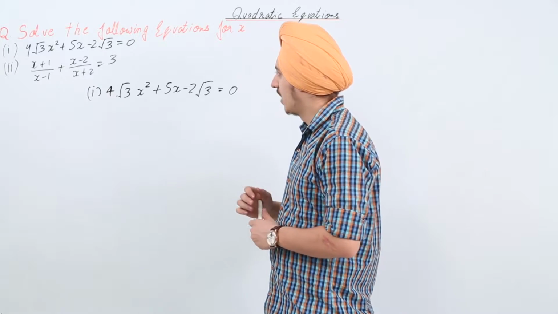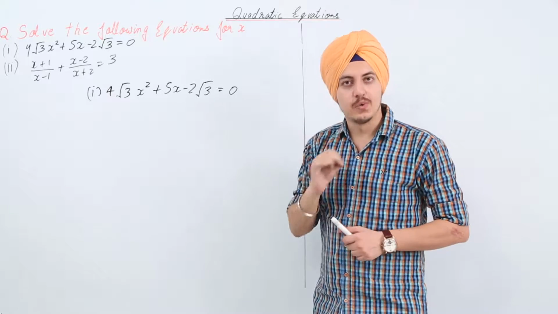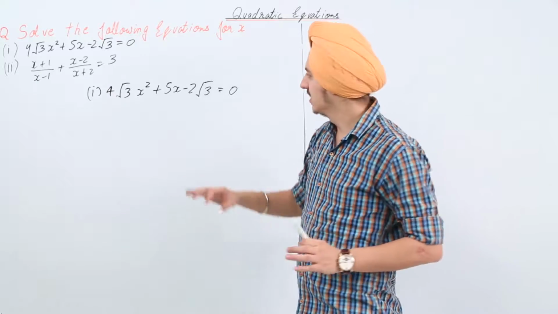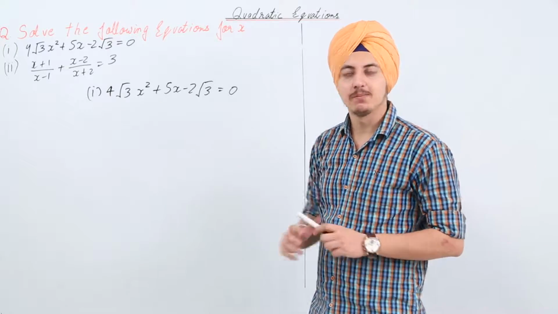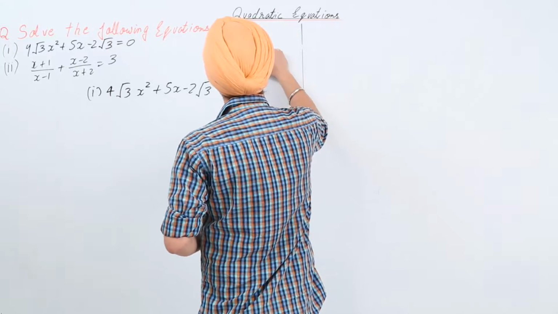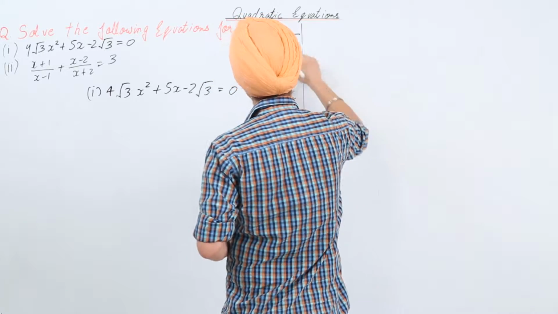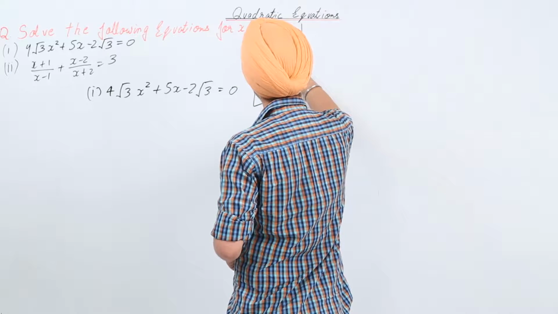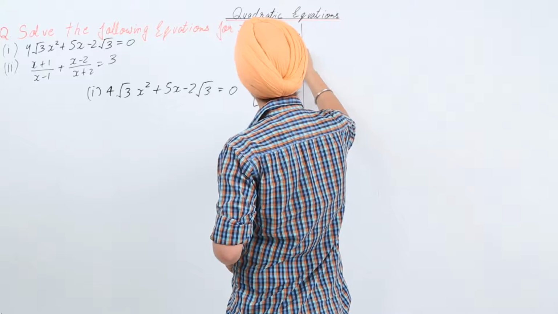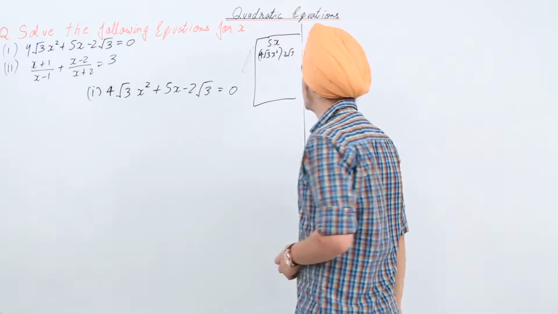And now we have to again split the middle term in a way that the sum is equal to 5x and the product is equal to, again I am doing this in rough, 4 root 3 x square into minus 2 root 3.